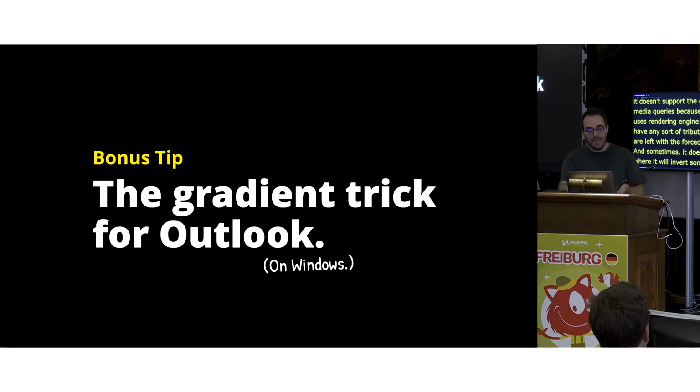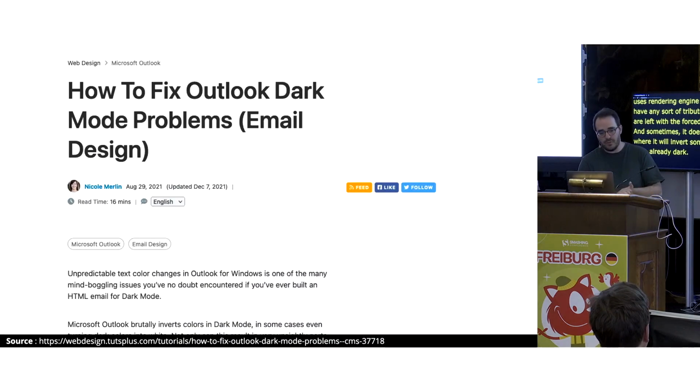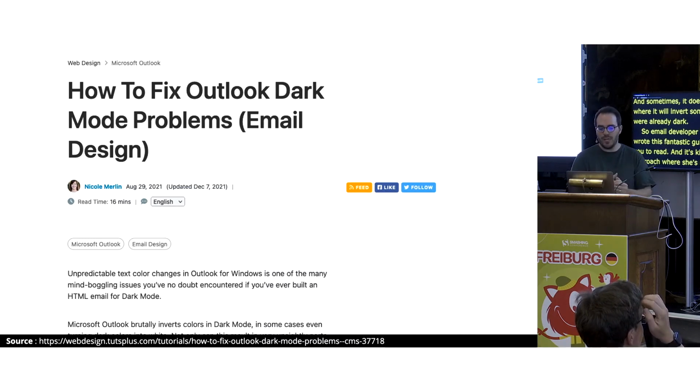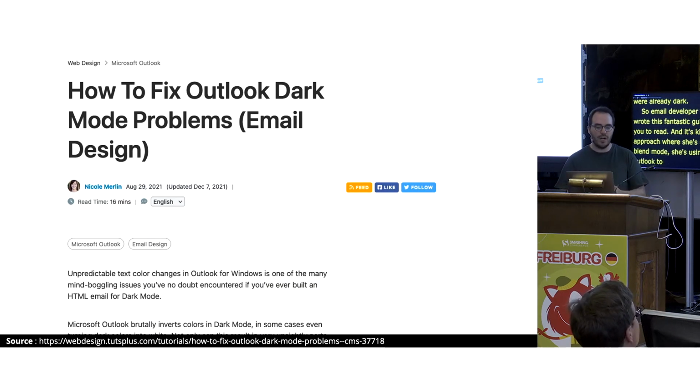Email developer Nicole Merlin wrote this fantastic guide that I'd really invite you to read, and it's kind of the same approach, where instead of blend modes, she's using gradients for Outlook to try to fix this and maintain a white color.